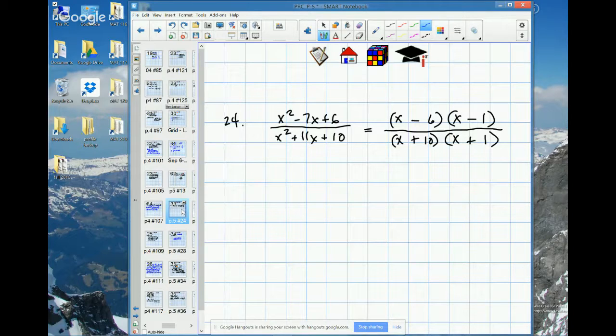Factorization. Then I do that on top and on the bottom. Can anything be canceled here? No, not this time. So I would just leave it like this. Don't remultiply it out.